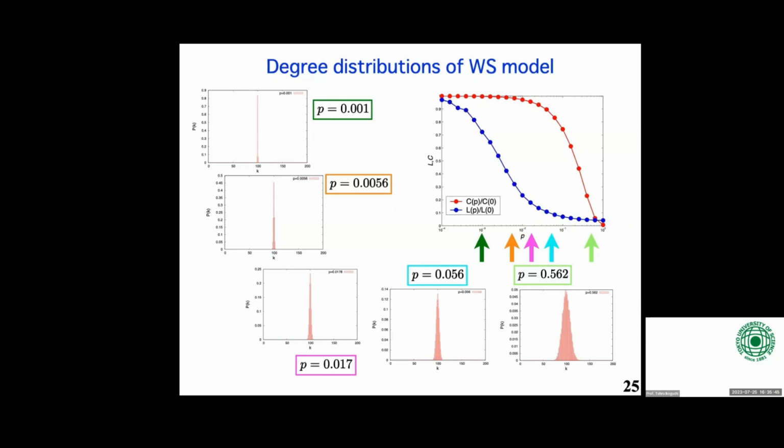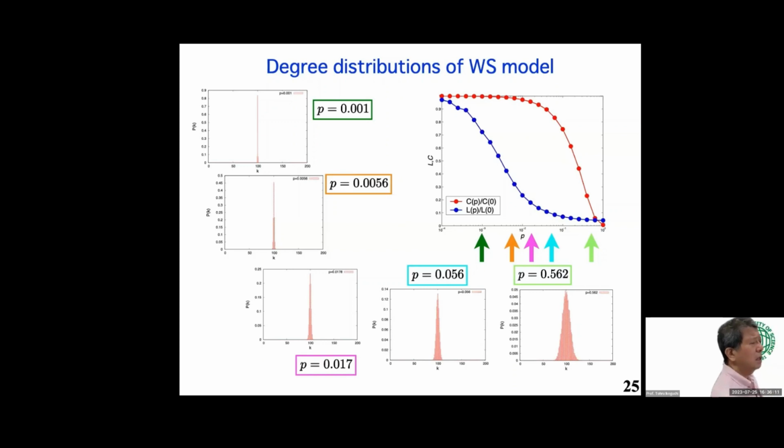In the case of P equals 0.001, the green case, the degree distribution has a strong peak. As the rewiring probability increases, the degree distribution gradually extends horizontally, and it becomes a so-called bell-shaped distribution.